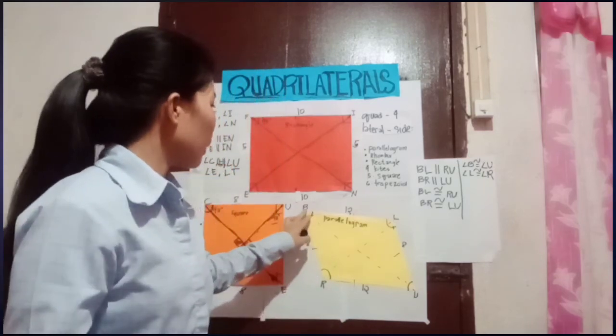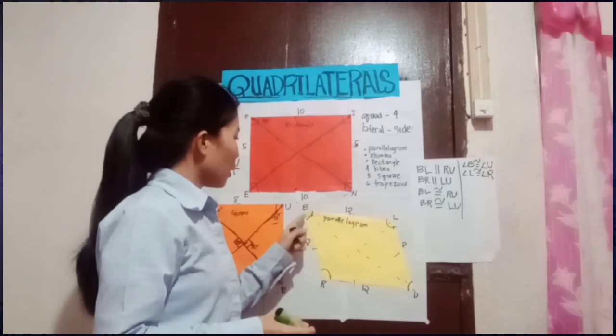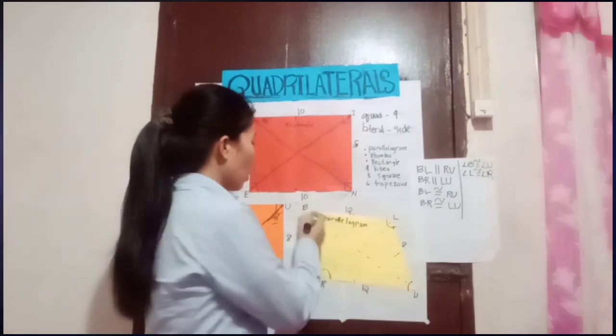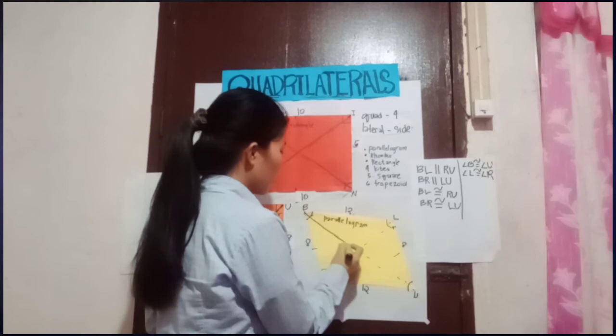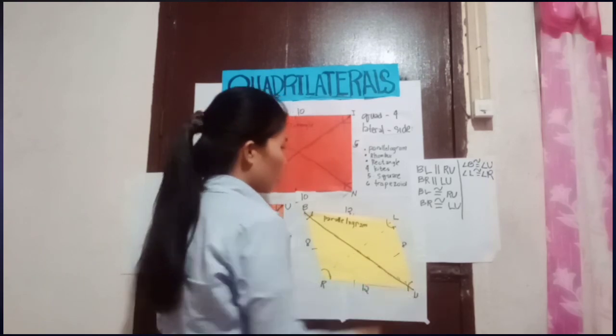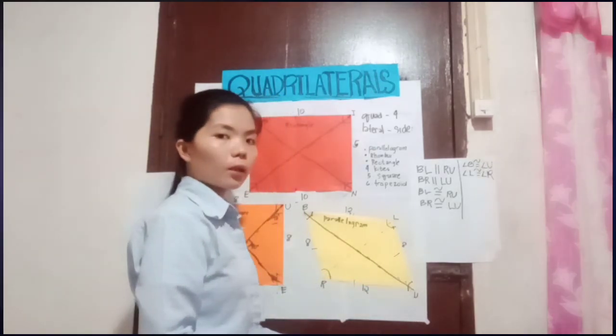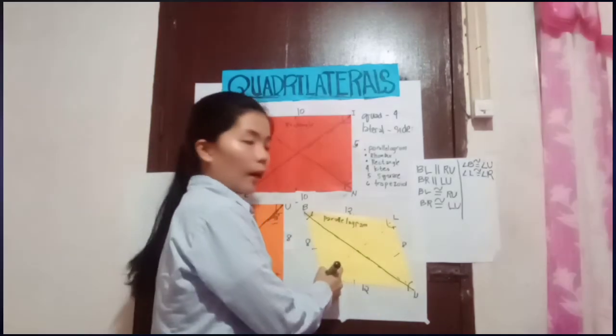Like for this one, line BU bisects line RL.